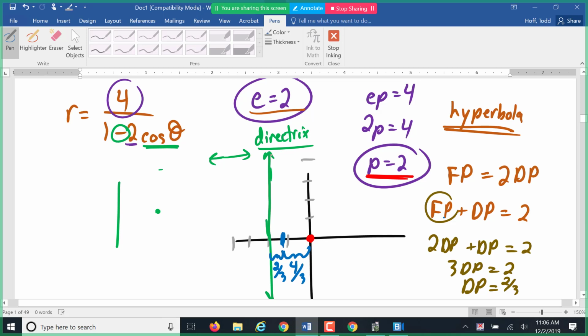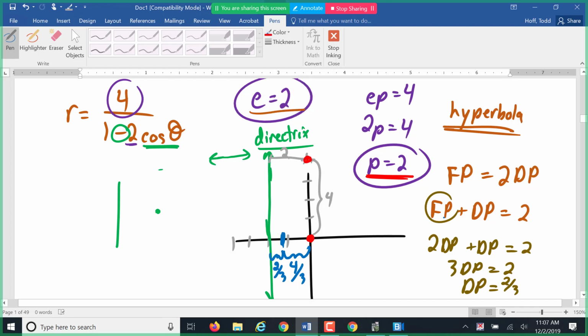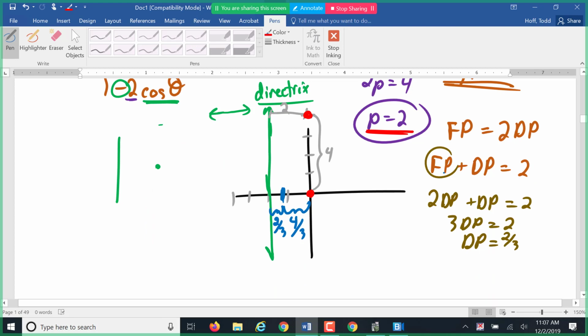Well, from the directrix to that point is going to be 2 units. So from the focus to that point has to be double that, or 4 units. It's going to give us a point up here, 4 units above. And of course, going down, it'll be the same thing, 4 units below the vertex.